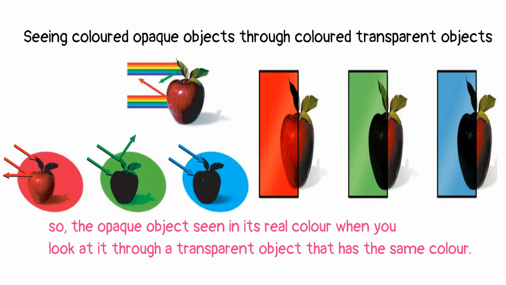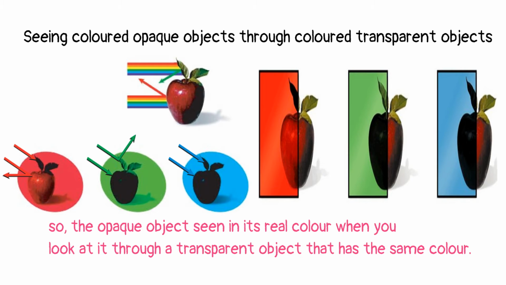What will happen if we change the glass sheets here into white? From the beginning, the white light falls on the red apple, it will absorb all of the 7 spectrum colors and reflect its own color, and in this case, as we said before, it's the red. The red light falls on the white transparent glass sheet, and also in this case we will see the red apple as red.